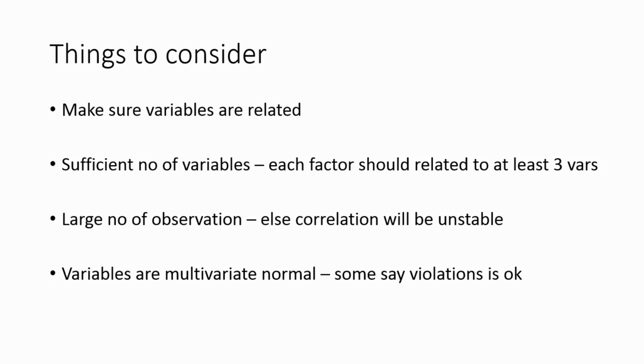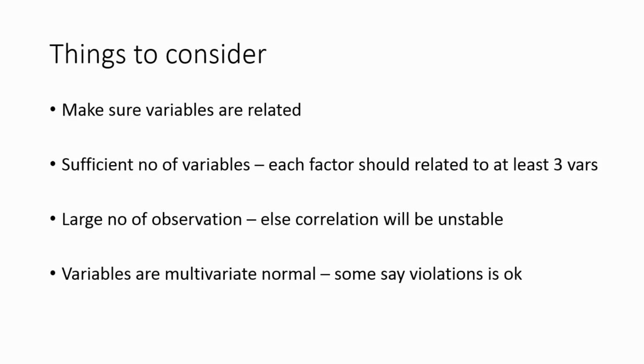One of the criteria, which is of course not a very strict criterion, is that the variables should be multivariate normal. What is multivariate normal? I'll have a video on multivariate normality, but to put it this way, all the variables you have used should be normally distributed.